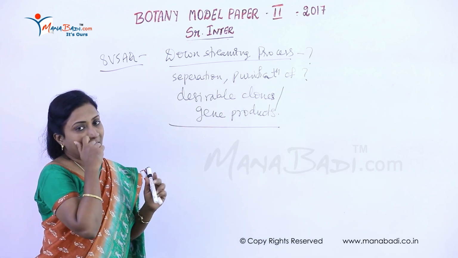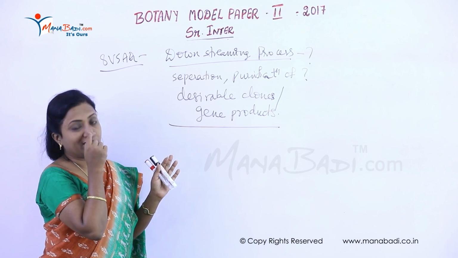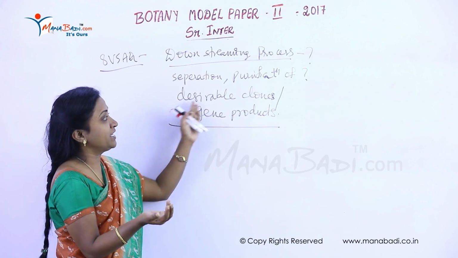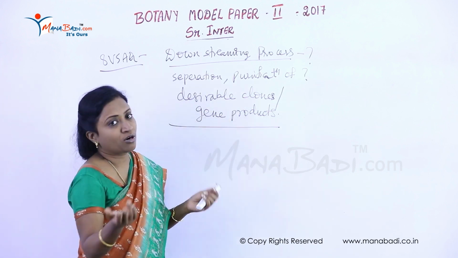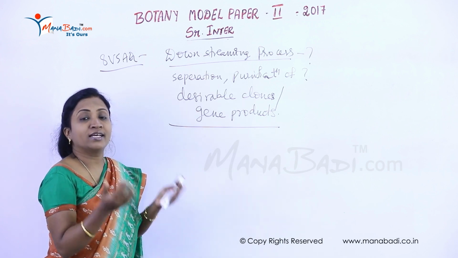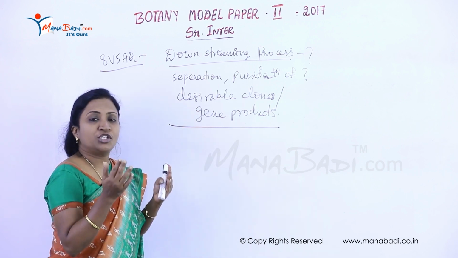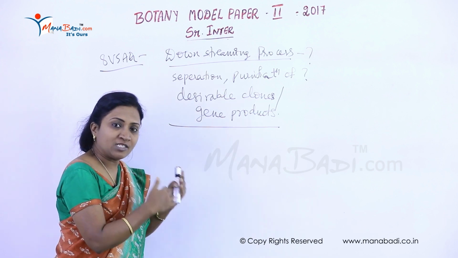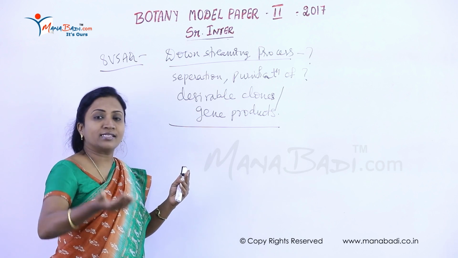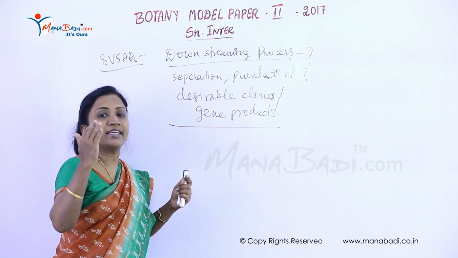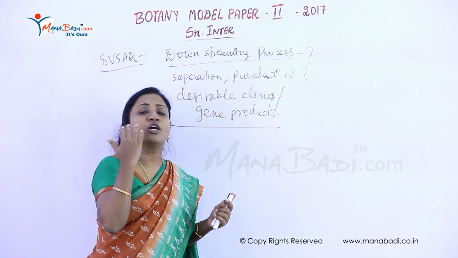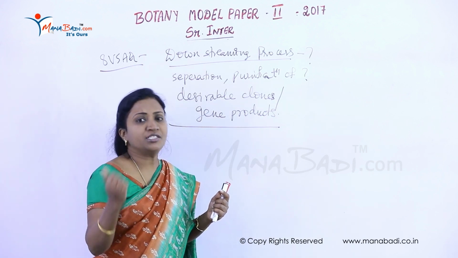Actually, this downstreaming process is used at the end, in order to separate these desirable clones or gene products. This technique is used to separate the products which have been attained as a result of genetic engineering technology, by means of recombinant DNA technology.